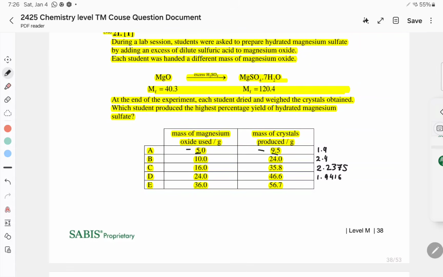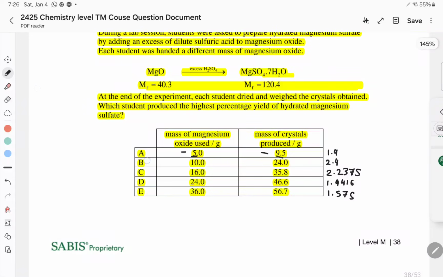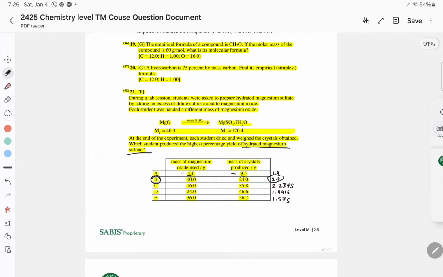And then for E, you do 56.7 divided by 36, and you're gonna get 1.575. And as you can see, B here is the answer because it has the highest ratio, which means the student that had B produced the highest percentage of hydrated magnesium sulfate.